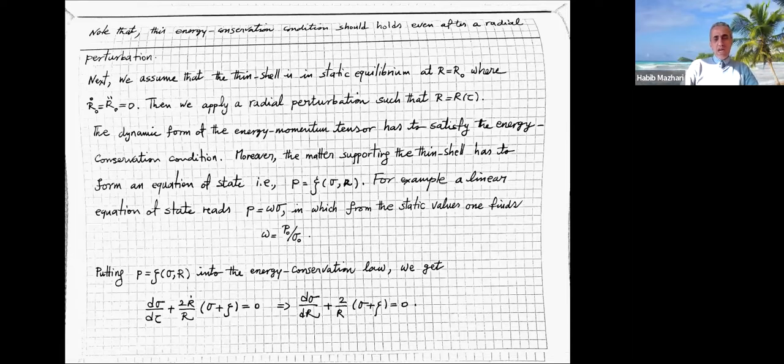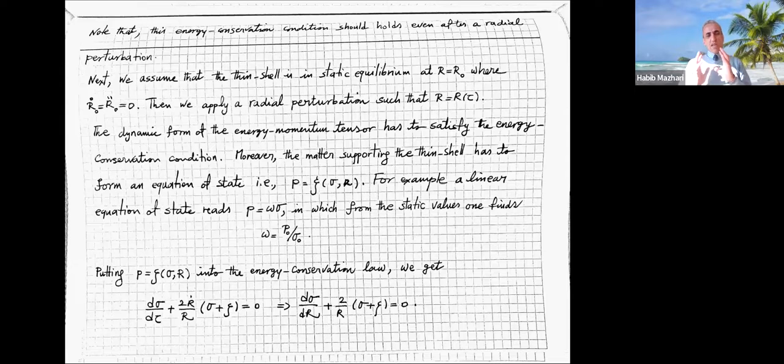So now here I consider P to be a general function of sigma and also R. In thermodynamic gases, P is just a function of sigma, but not R. R is position here. So we consider P not to be only a function of sigma, but also a function of position. We call it variable equation of state.